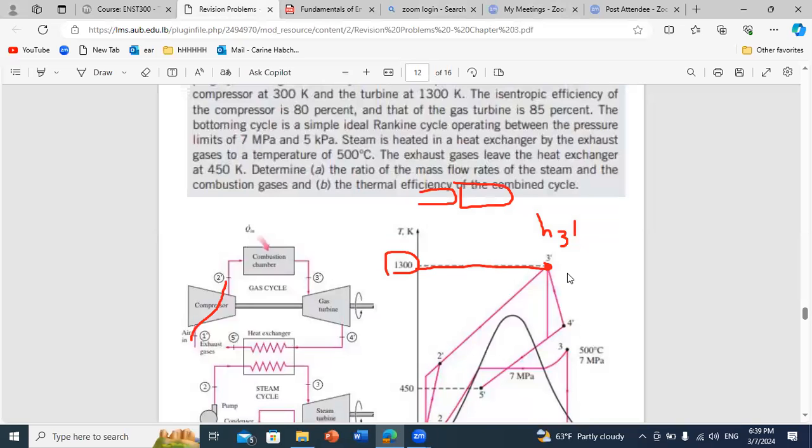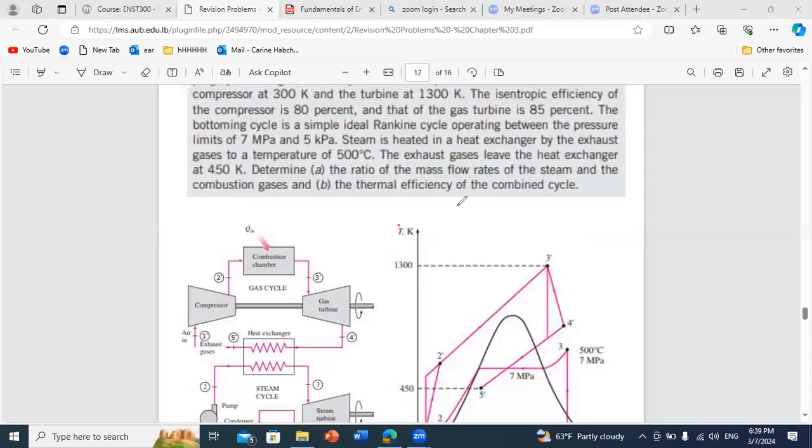Now, between 3 prime and 4 prime, it's exactly the same procedure that you did for the compressor, because they told you that for the gas turbine also you have an isentropic efficiency, but 85 instead of 80. I will give you the formula in the exam, but I just want to explain it.